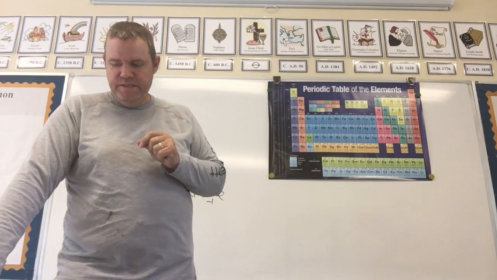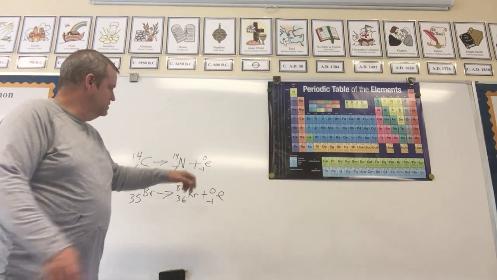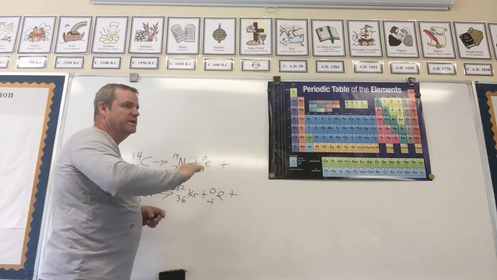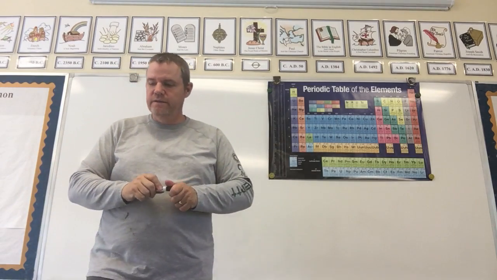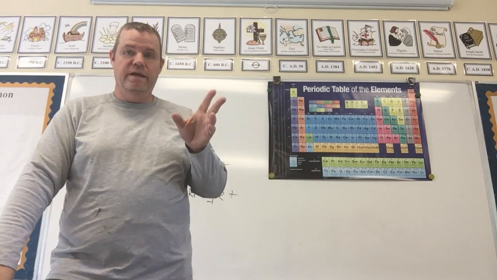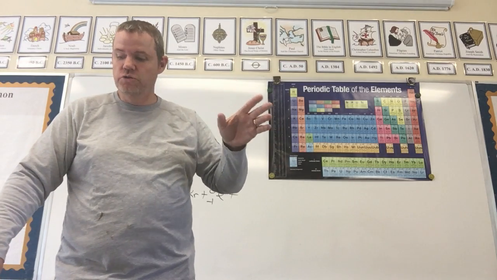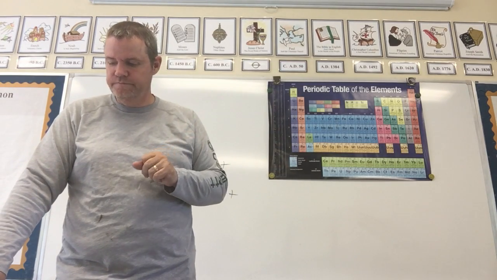Now, gamma particles, I mentioned that there's some energy with these. Gamma or X-rays usually are emitted whenever there's a beta or an alpha decay. Some kind of that is usually present, not always, but usually.